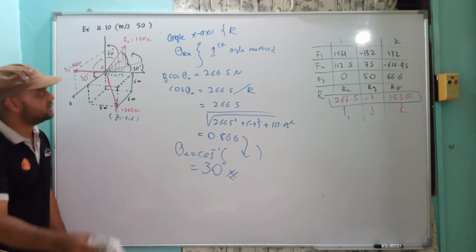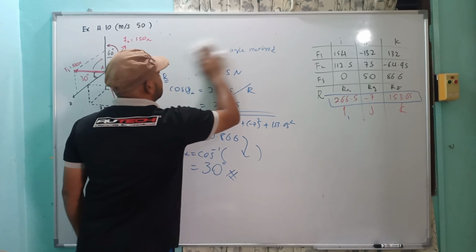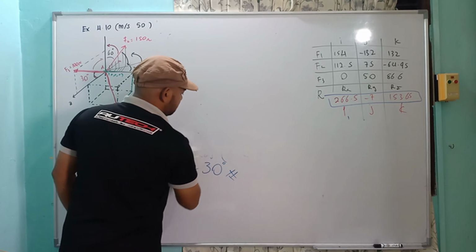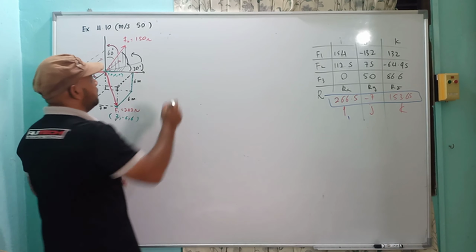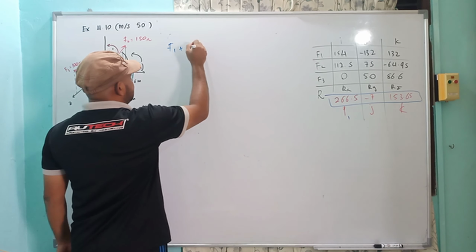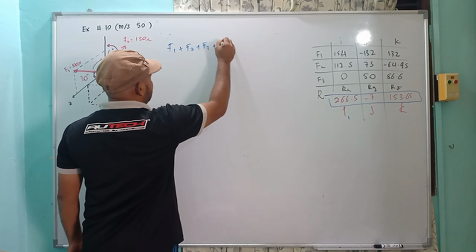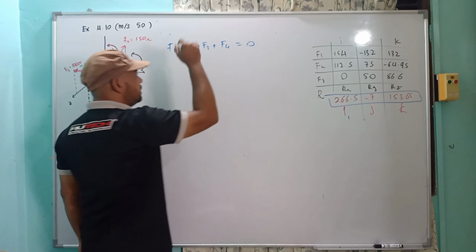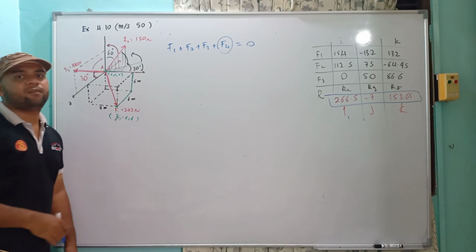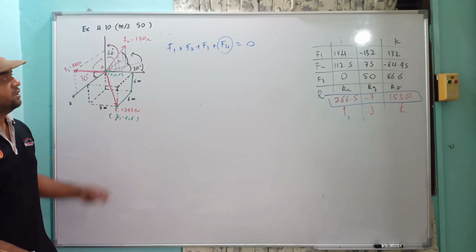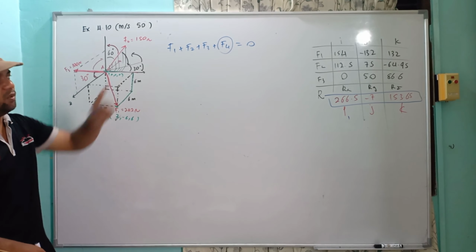And the last question said F1 plus F2 plus F3 plus F4 equal to 0. What is F4? Given 4 forces, we add one more.